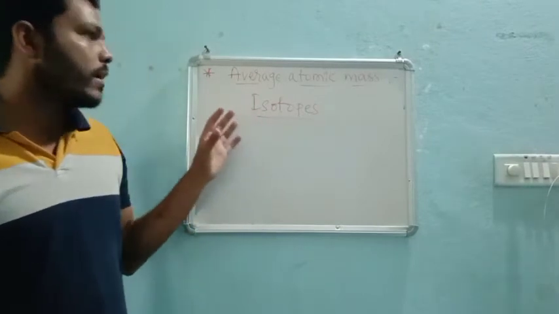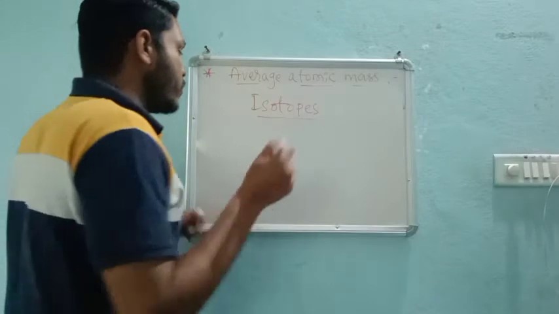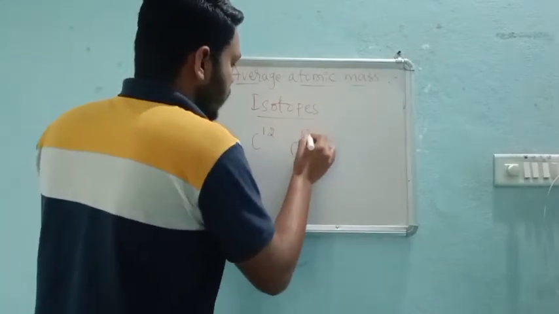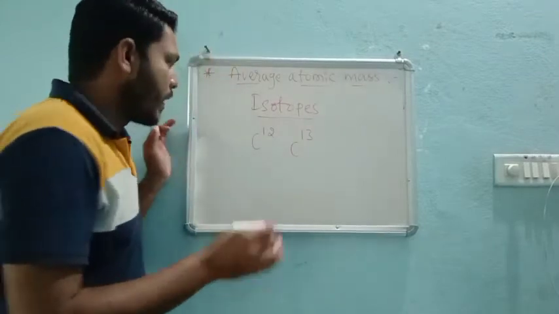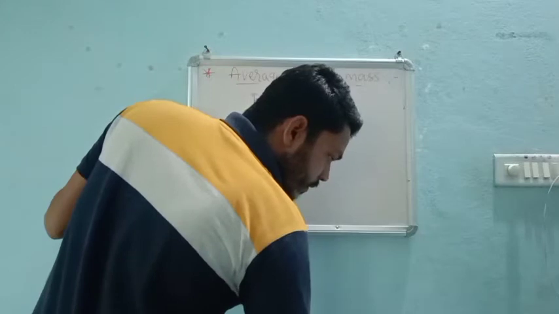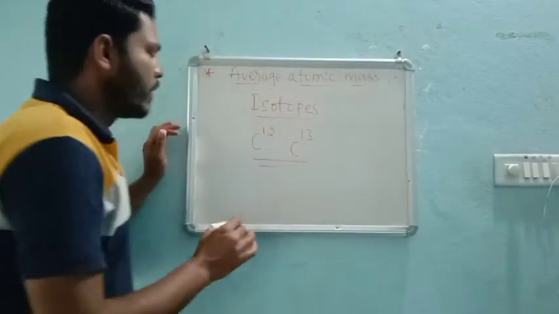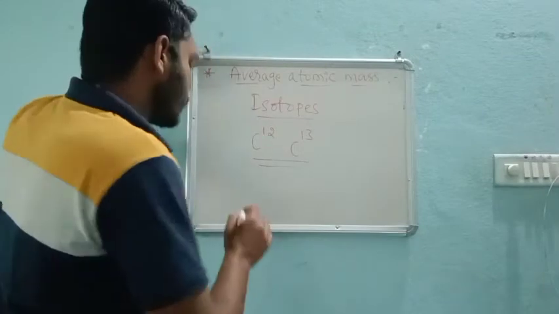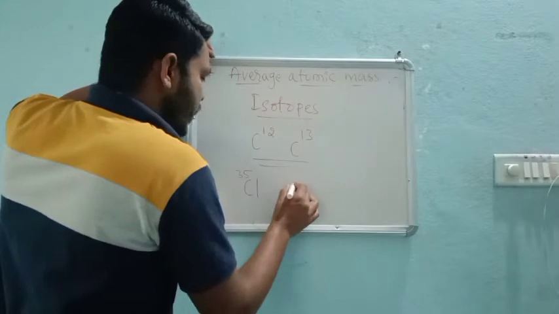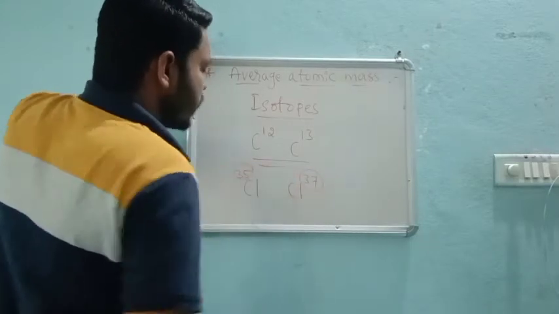For example, carbon can exist in isotopic forms: C12, C13, and C11, I think. In the case of chlorine also, we can see Cl35 and Cl37, these are the two isotopic forms of chlorine.